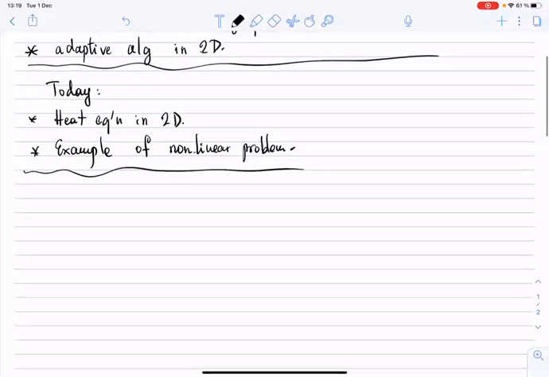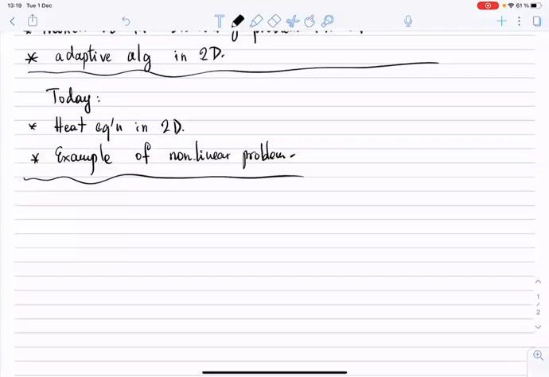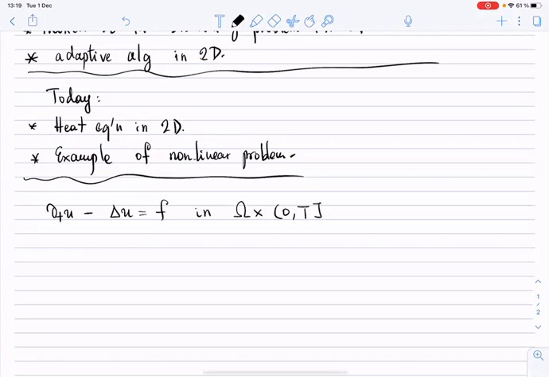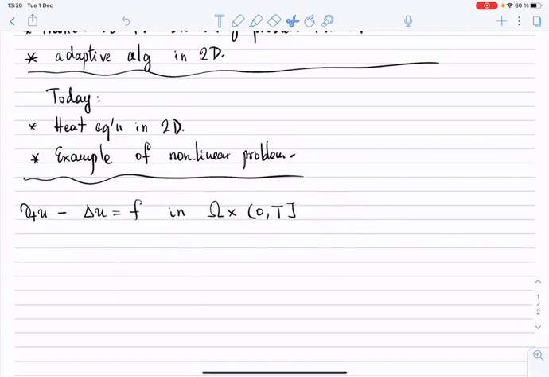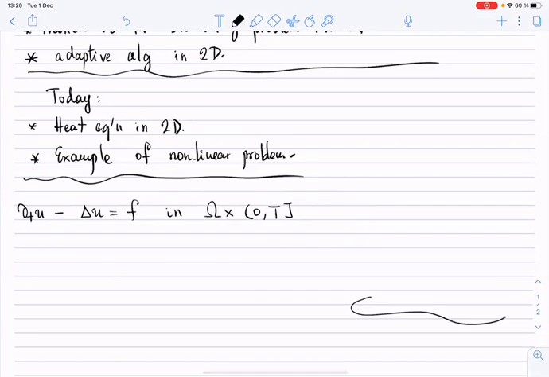Okay, so the equation that we are considering today is given in the following way. So dtu minus Laplace u equals to f. It's inside some omega times some time interval. So if I draw it, then our computational domain is some kind of omega like this.